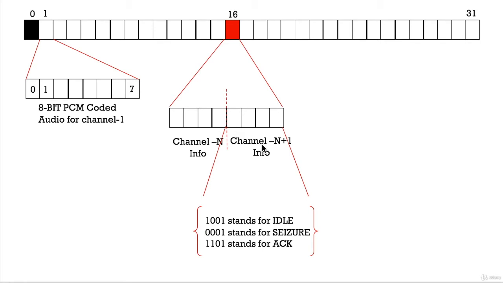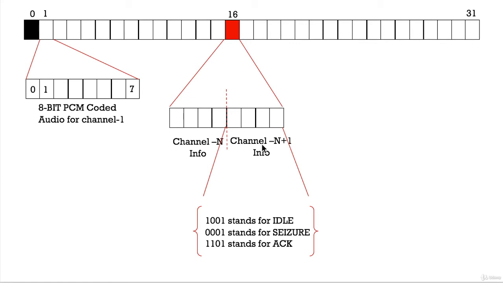Now there are basically two types of information transmitted from one exchange to another. The first one is the user data, which is the actual audio, or nowadays video or multimedia, and the second is the control information. Now in channel associated signaling, the control information as well as user data are both transmitted over the same link from one exchange to another.